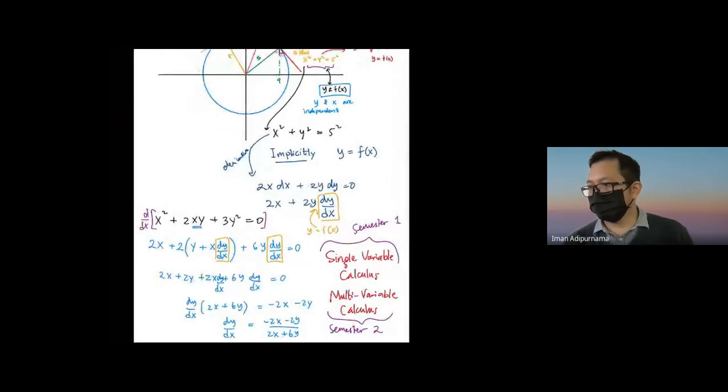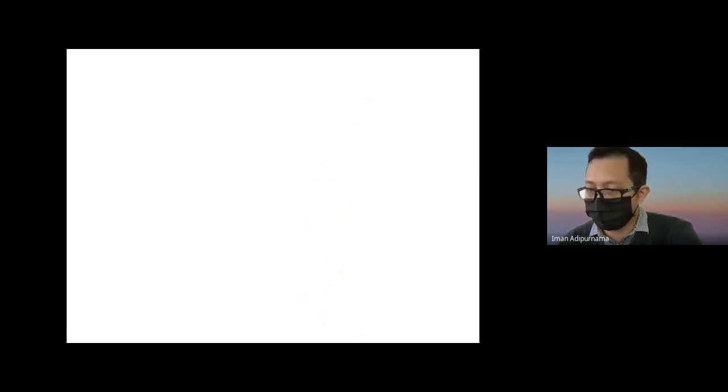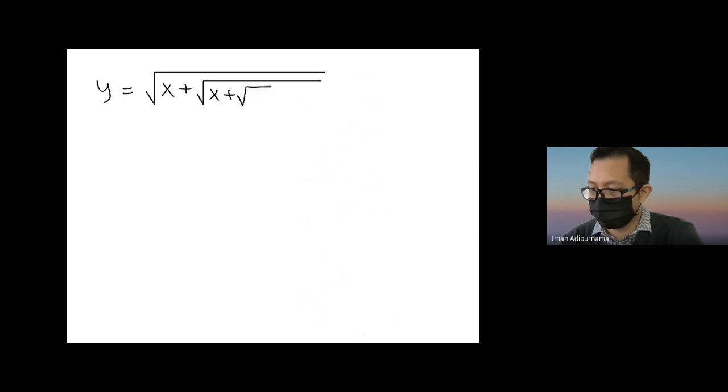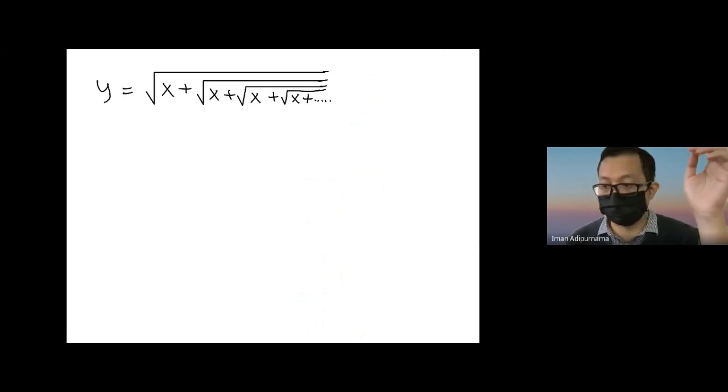Let me move to the questions I'm giving you about this. One way to solve this is using implicit differentiation.